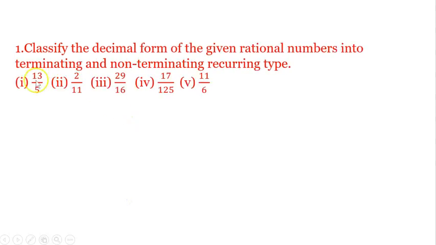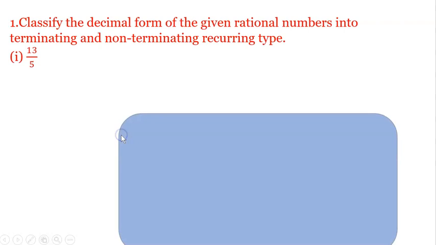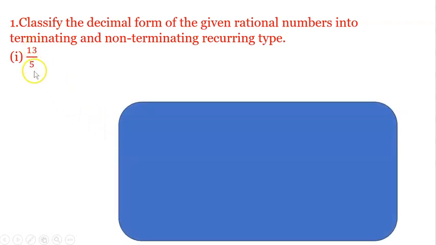First example. Classify the decimal form of the given rational numbers into terminating and non-terminating recurring type. First example, 13 upon 5.